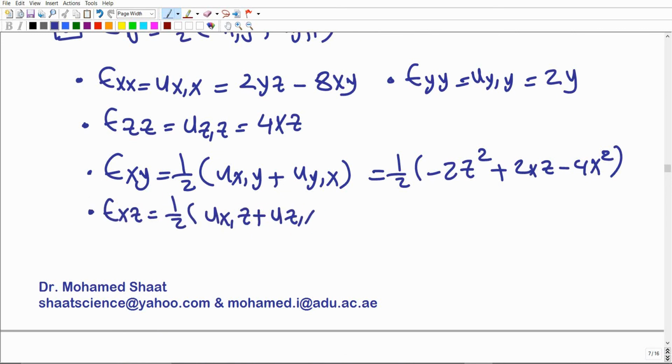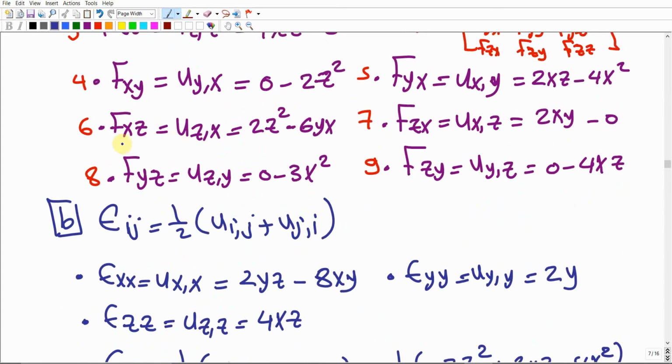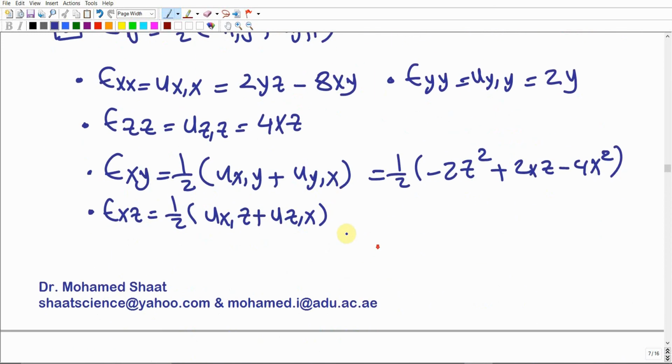Your objective is just to sum the off-diagonal components, the xz and zx, of the deformation tensor, sum these two and multiply times half. This is going to give us directly the epsilon xz. The epsilon yz is going to be 1 over 2, the uy comma z plus the uz comma y.